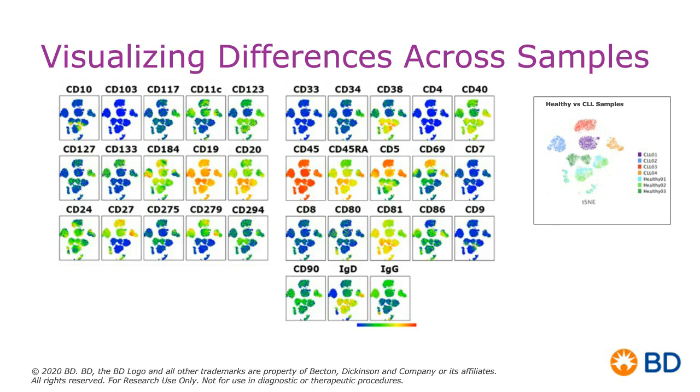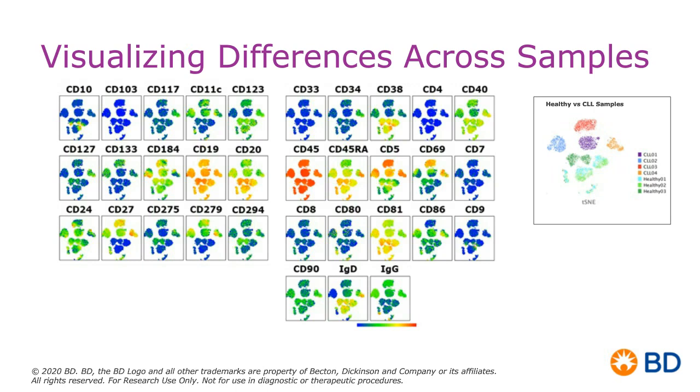So obviously, to make it easy to orient people, if you go straight to the center where everything's red, they're all CD45 positive. Of course they're all lymphocytes, and so everything's expressing CD45.